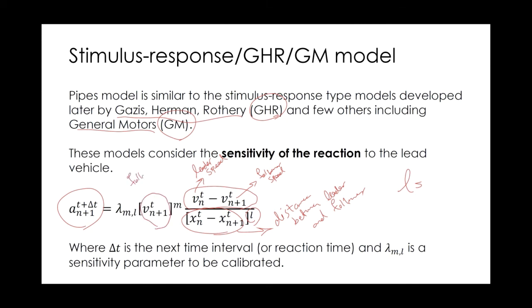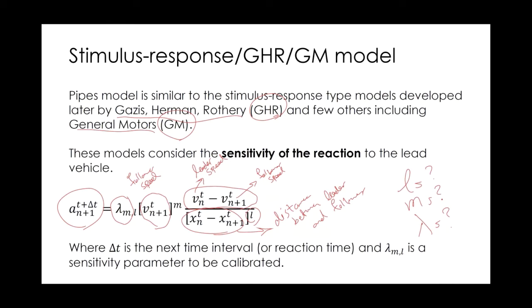So this is the follower speed. Again, that also has a power m, which needs to be calibrated and assumed. And we also have another parameter called lambda. This lambda is also a sensitivity parameter that needs to be calibrated, if you have some data.